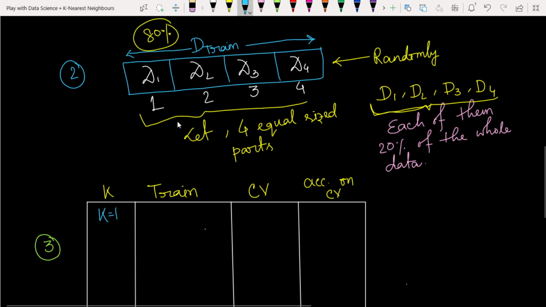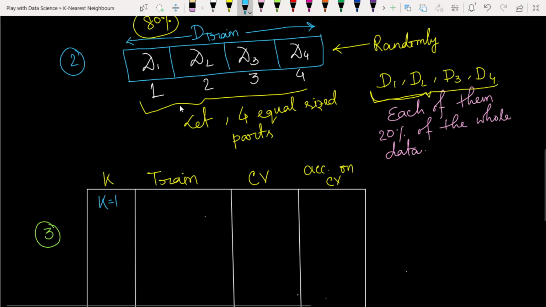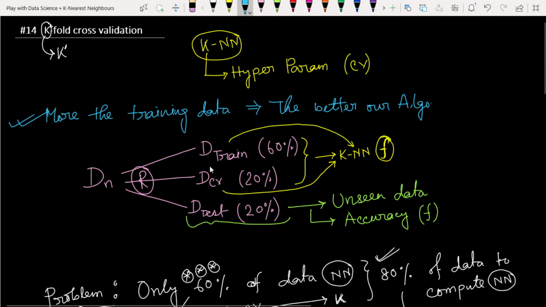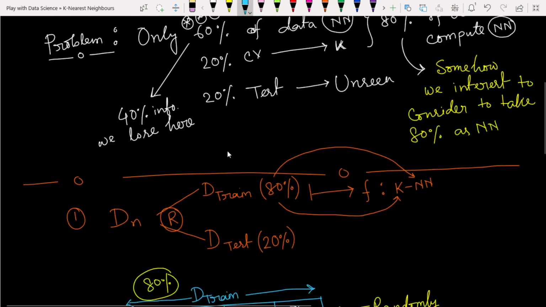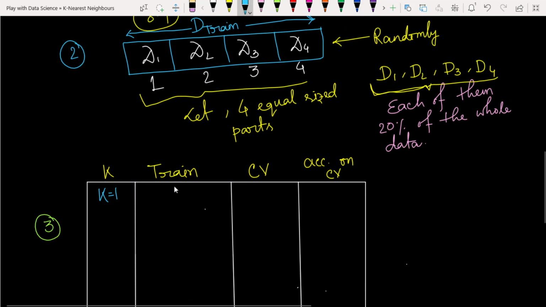Here, how many parts are we making of these d-train partitions? In 4 parts. So instead of using d-train and cross validation 60-20, we are just doing the same job on these 4 partitions. In the whole training data we have taken the first 3 chunks as our training set, that is d1, d2, d3.